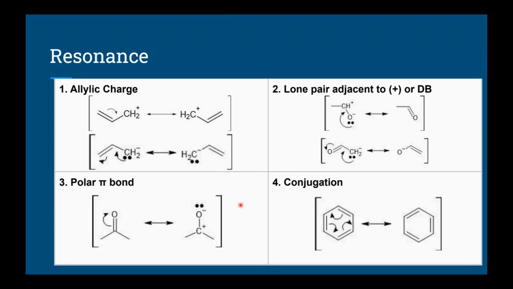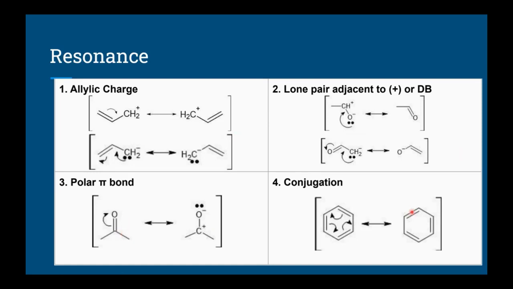If we have a polar pi bond, such as something with an oxygen on it, ketones are really big on this one, you will see that that oxygen can take on another set of electrons, and we'll see a lone pair in a charge distribution. In this case, carbon's got a positive charge. It's definitely not happy. You would prefer this one where you have no charges on either of those atoms.